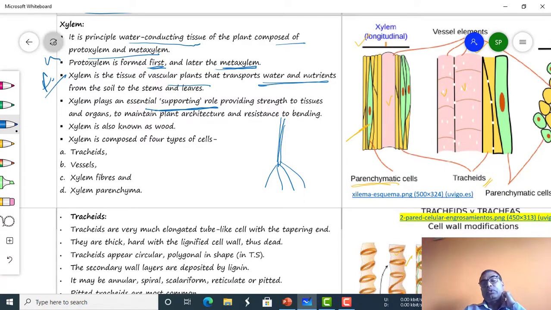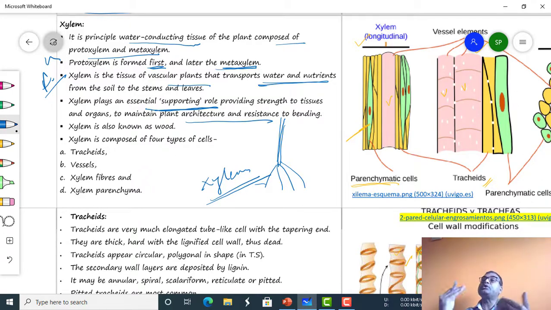Okay, so xylem is involved as a mechanical tissue, so it gives anchorage, support or mechanical strength to the tissue and organ to maintain the plant's architecture as well as resistance to bending.